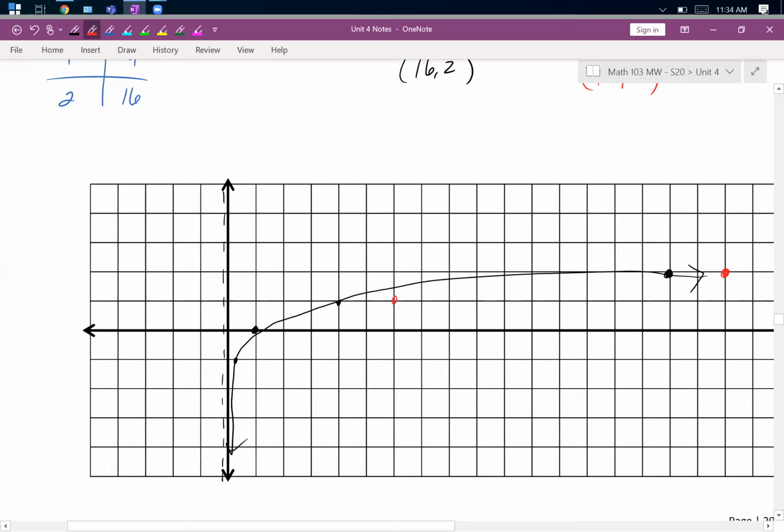Just like a vertical shift affected our horizontal asymptote with exponentials, a horizontal shift is going to affect our vertical. I need to keep the space between this point right here and my asymptote the same. And if I don't move my asymptote when I move my points, that's not going to be the case.